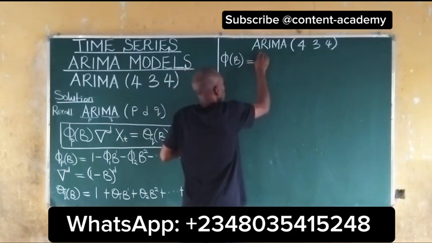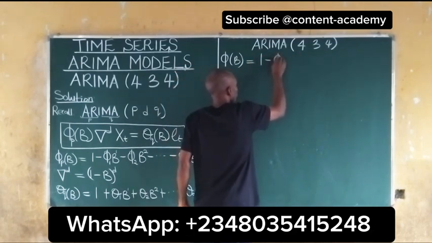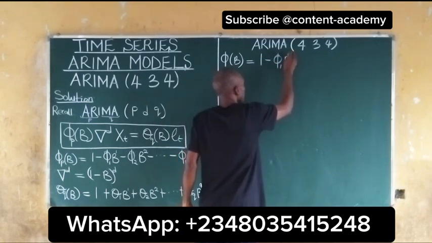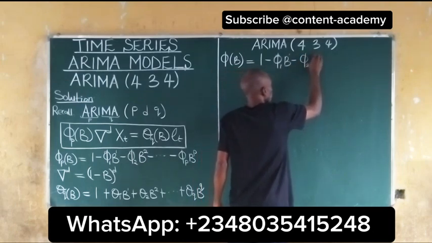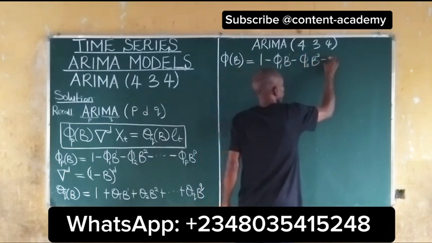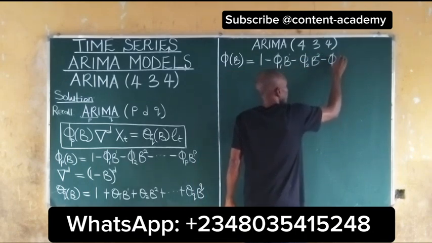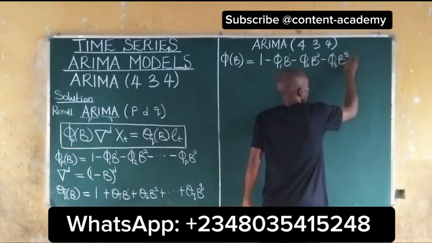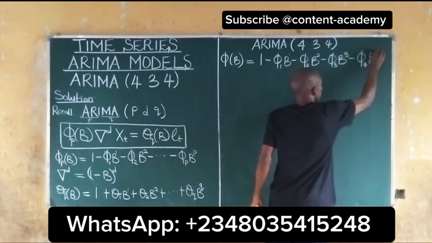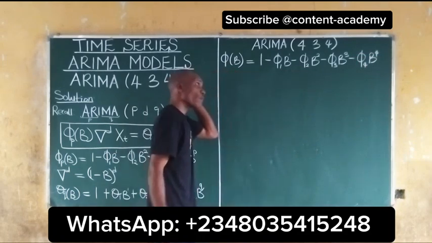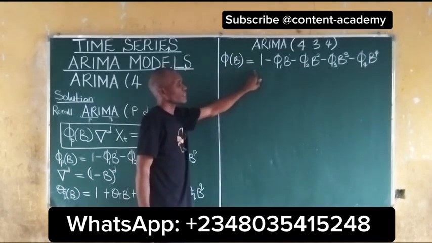So we have it as 1 minus phi 1 B minus phi 2 B squared minus phi 3 B cubed minus phi 4 B to the power of 4. This is of order 4. This is what we get.